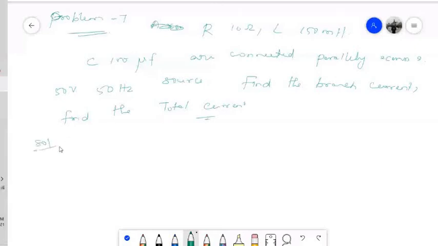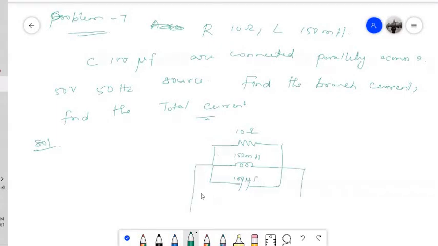Now, based on the given data, let me draw the circuit diagram. So I have an R, L, C parallel combination, and this is given to be 10 ohm, 150 millihenry, and 100 microfarad. So this is connected to a 50 volt 50 hertz source.